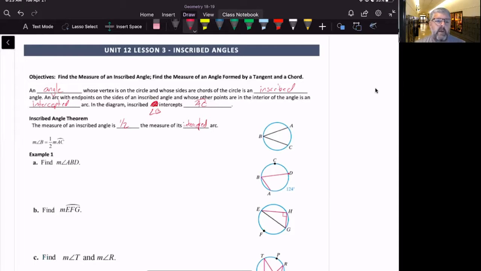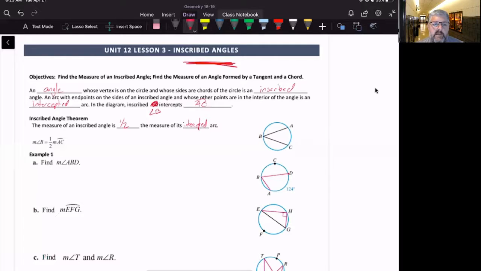So for 12/3, we're adding a different type of angle in our circles now. We've done the central angles, where the vertex is at the center, and the arc is the same measure as the angle. So today we're adding in inscribed angles. For inscribed angles, the vertex is on the circle, the sides of the angle are chords, and it makes and intercepts an arc, just like a central angle would.